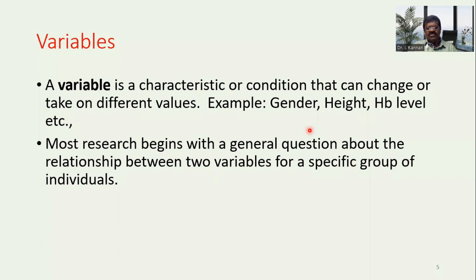Most research studies involve a relationship between a minimum of two variables. Especially in biomedical research, most of the studies are looking for some relationship between two variables. So you have to identify what those variables are and what different types of variables you have in your research study.